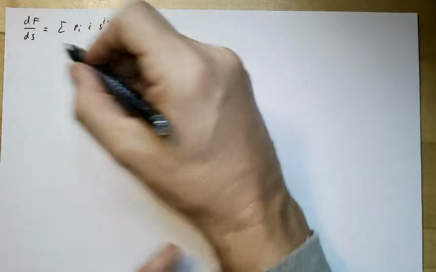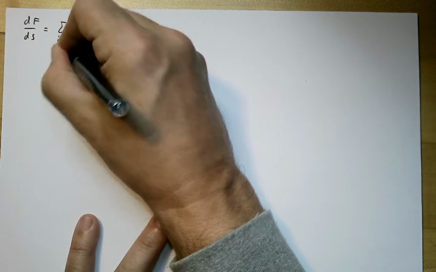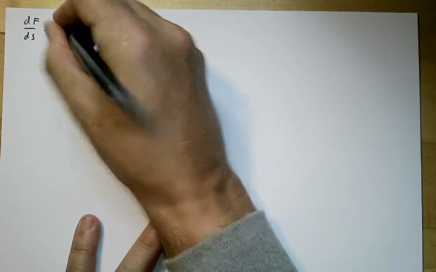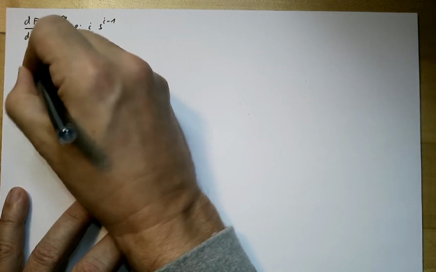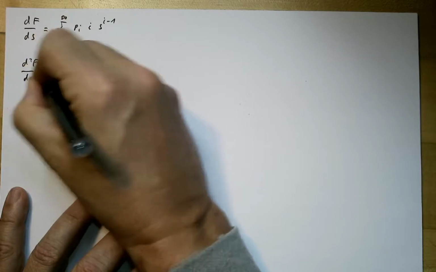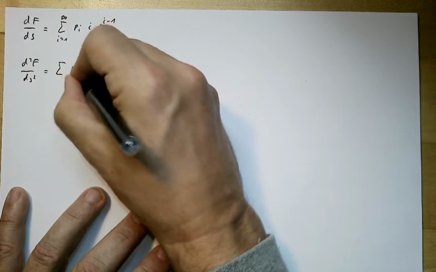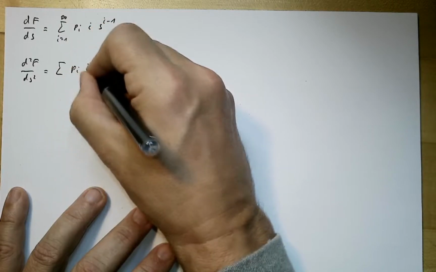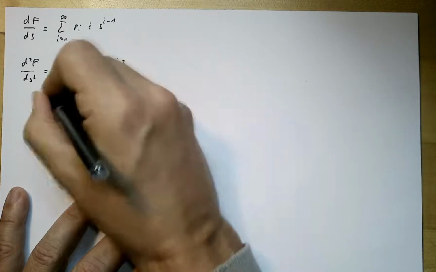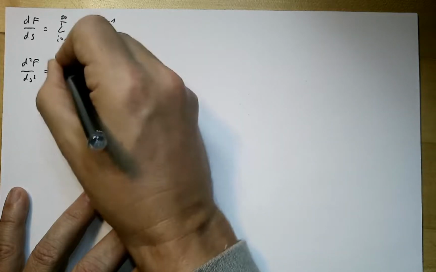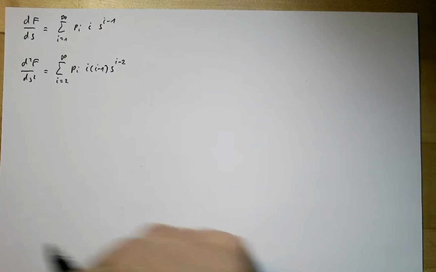In this derivative the first term doesn't play a role anymore, so here we sum only from 1 to infinity. Similarly, we can take the second derivative, and we have again a sum. We have our p_i, and then i times i minus 1 times s to the power i minus 2, and here we only need to start from 2. And so on and so forth. You can take higher derivatives.